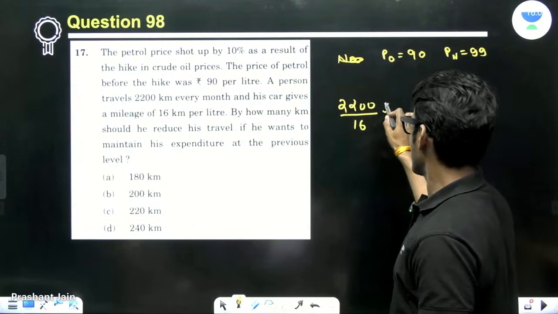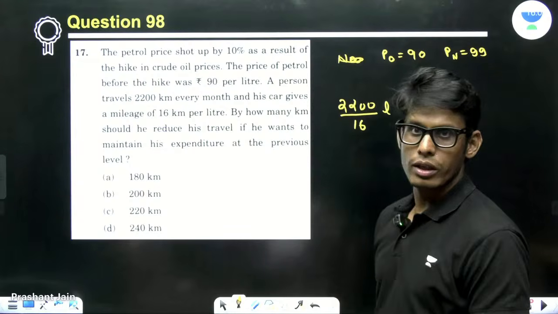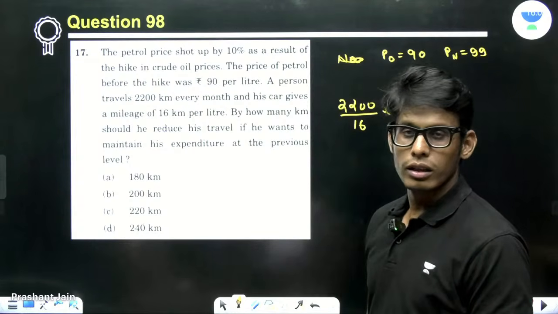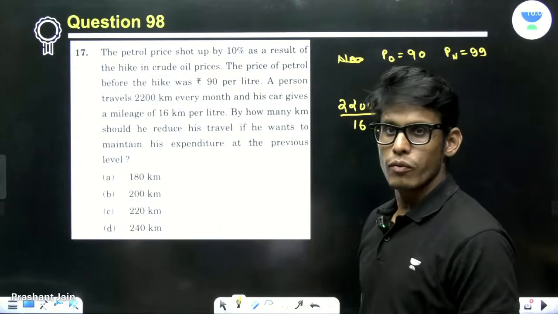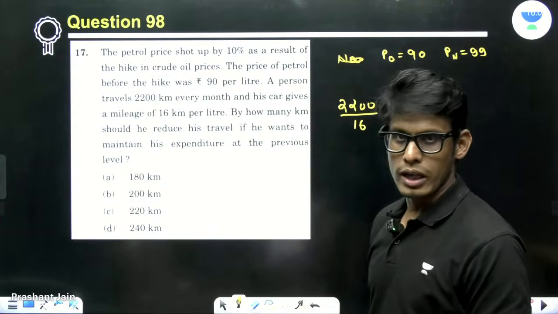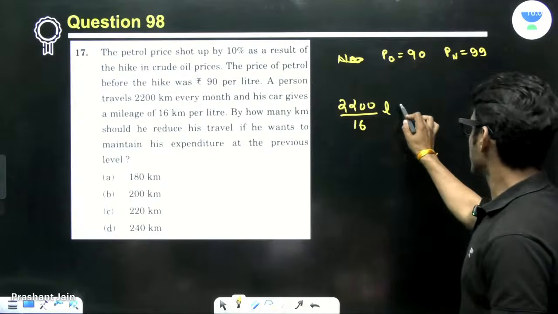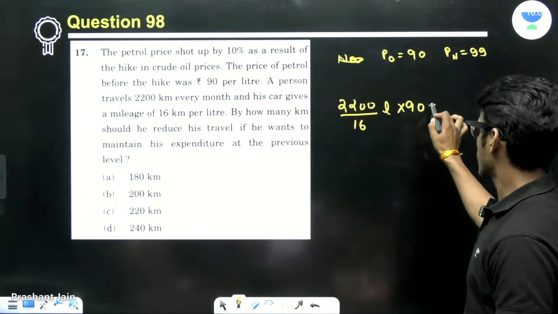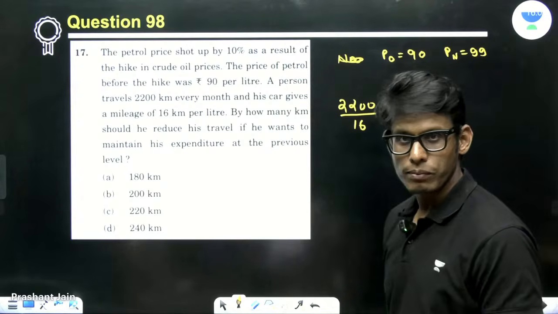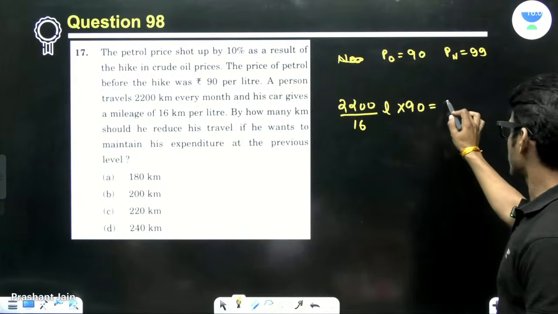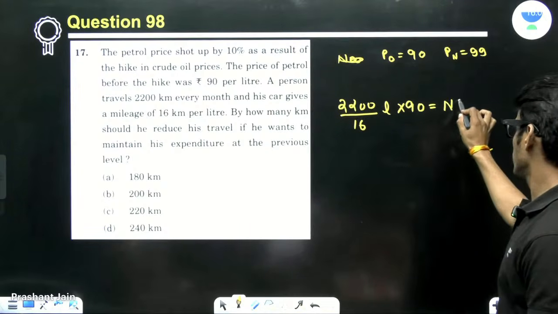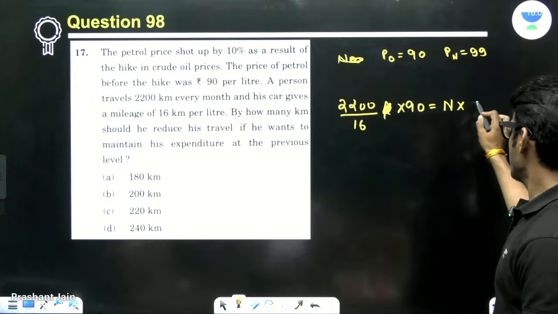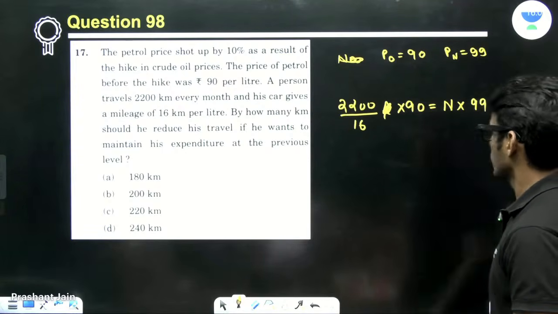So this is the liters of petrol which he used to consume earlier, and this used to be the price earlier which he was paying. Now his new consumption is N and the new price is 99.